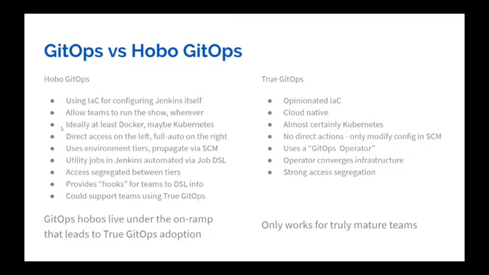It ideally uses Docker, maybe Kubernetes, but it can also use VMs and put things on old legacy bare metal and so on. It allows a gradient of access, so that on the left, in your build and development environments, there is more direct access for your developers, while it slowly gets to where nobody can touch anything, just like true GitOps, and everything is done automatically and put into your environments.